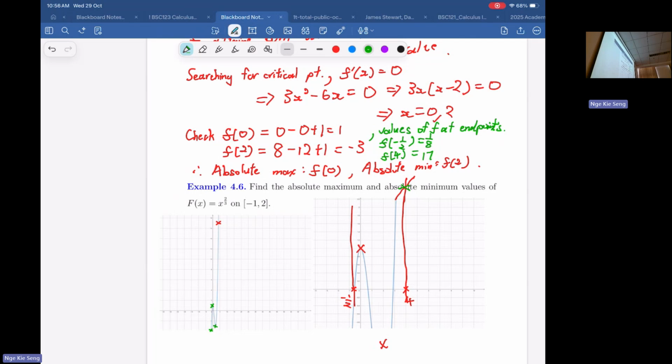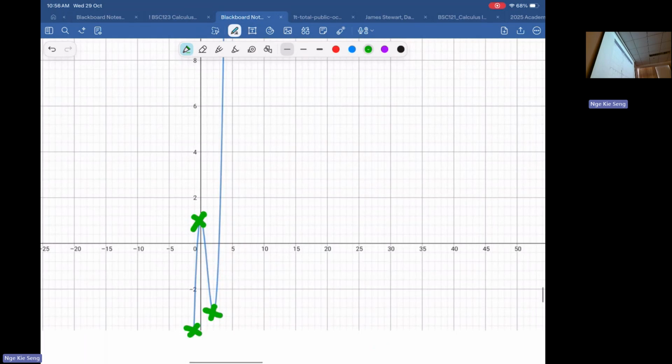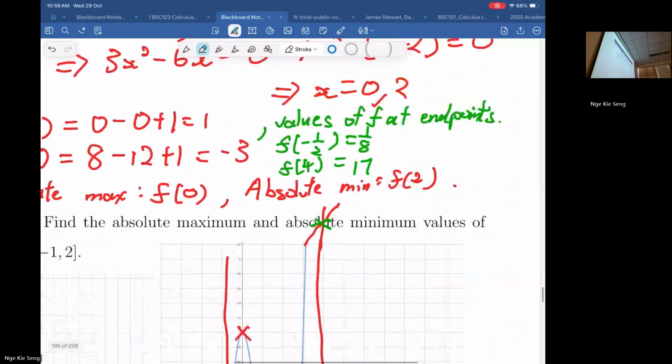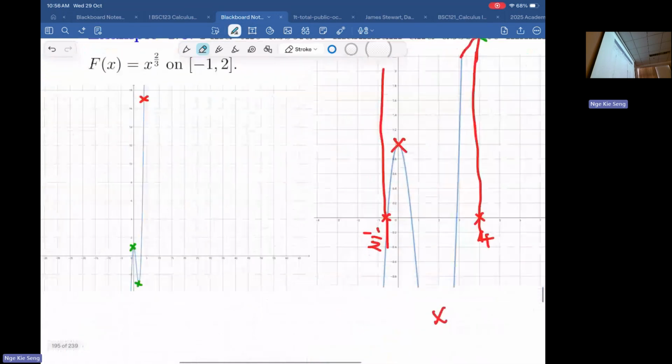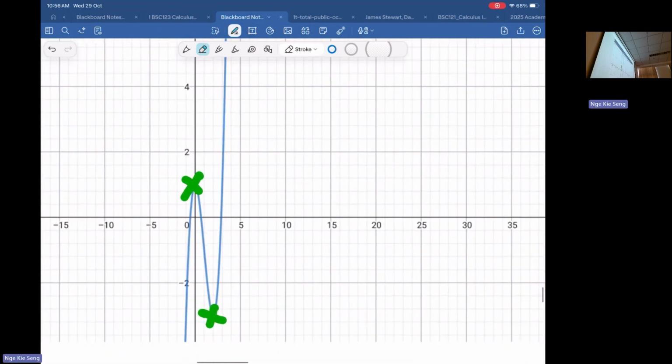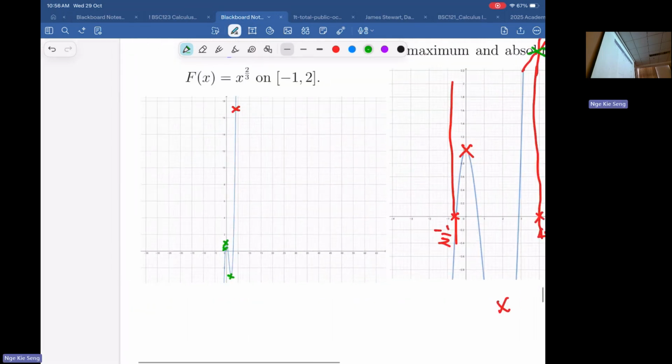Let's see if the minimum is correct or not. Where is f of minus half? It's 1 over 8. f of minus half is 1 over 8, so it's around 2. So the minimum is f2.